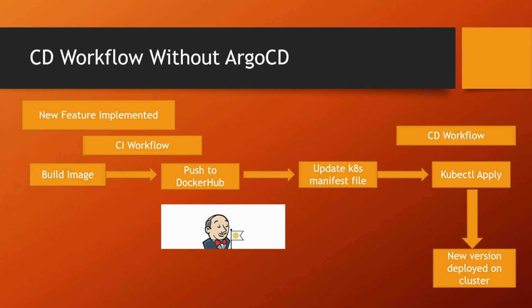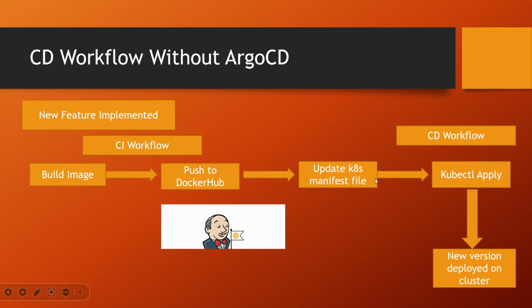Apart from that, if you are using Helm to deploy any application, then the Helm tool also needs to be installed on the Jenkins server. Apart from that, for connecting to the Kubernetes cluster where you are going to deploy this project, you have to configure the credentials also.